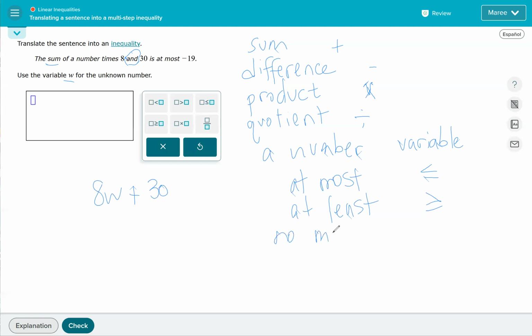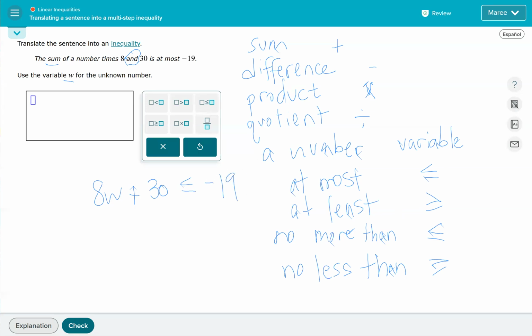No more than is the same as at most. No more than means it can't be greater than, and no less than means that it has to be greater than, but it can still be equal to. Okay, so it says at most, and we can look at our notes, that's less than or equal to -19.